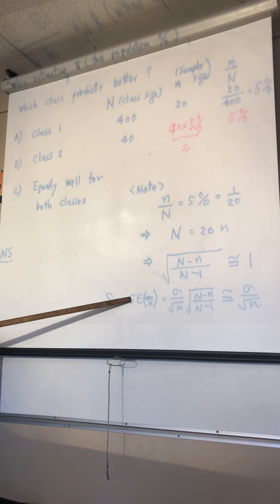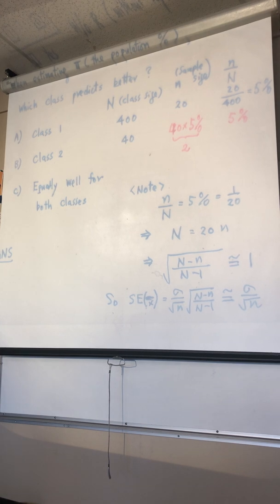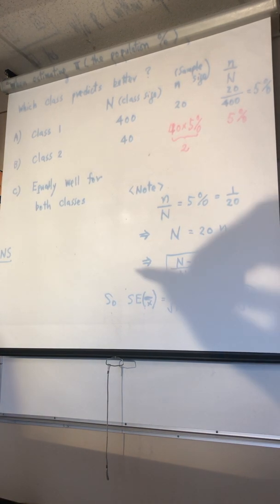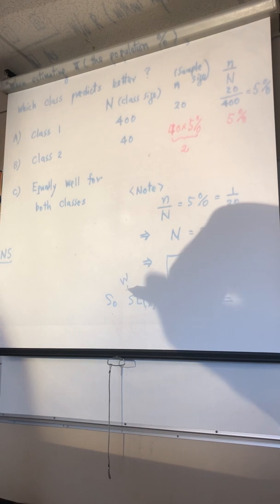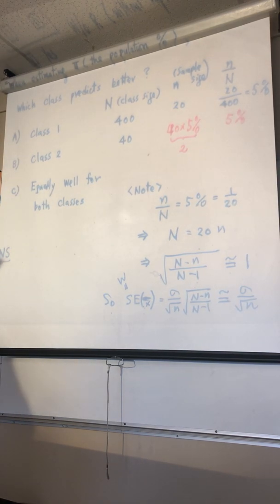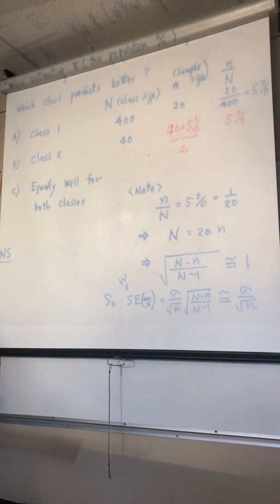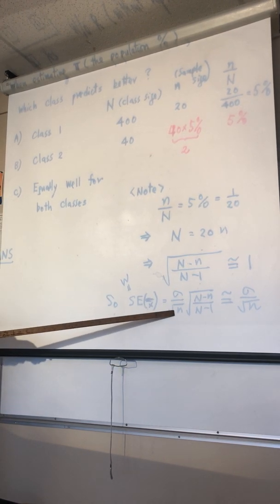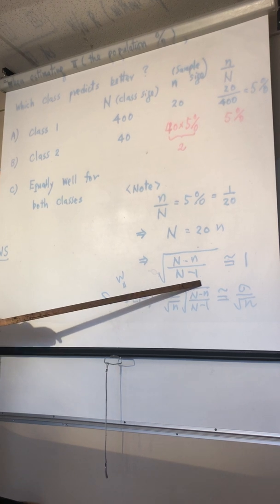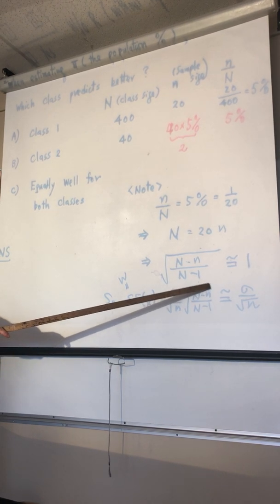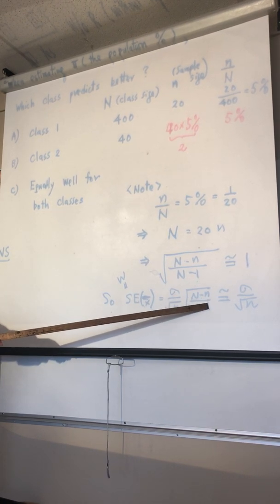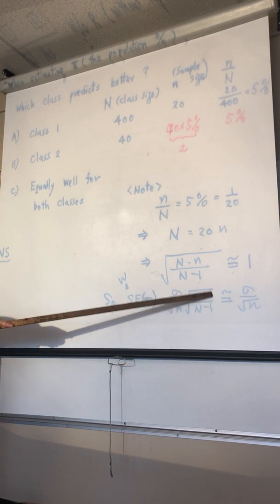That is to say, SE of X bar, or earlier I said W, is sigma over square root n times square root of (capital N minus little n) over (capital N minus 1). But this is almost 1.